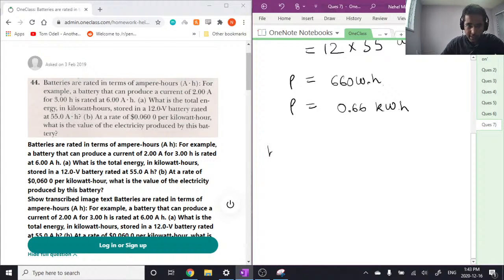And for the second part, we have a charge of 6 cents per kilowatt hour. What is the value of electricity produced by this battery? Okay. So we're given a quantity of $0.06 per kilowatt hour. If we multiply by the total energy, we can get the total cost.